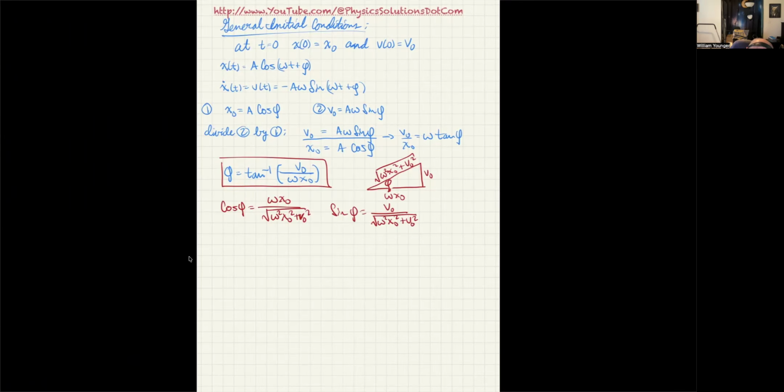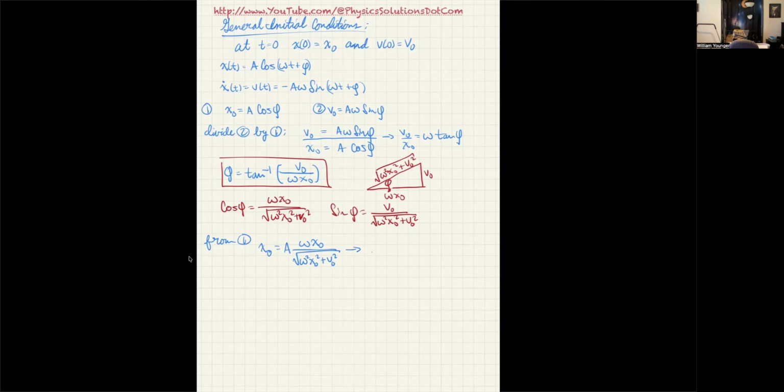That's what cosine phi and sine phi are. So with that in mind, we can actually use that to determine A. So if we look at equation 1, we could say x0 is equal to A cosine phi. So this is going to be omega times x0 over the square root of omega squared x0 squared plus v0 squared, like that.